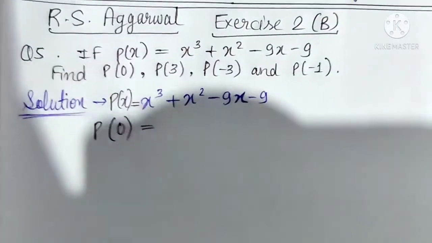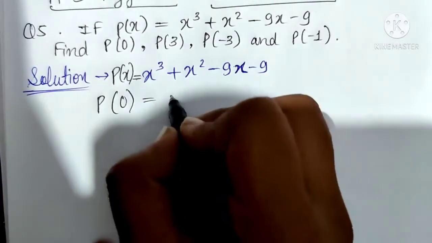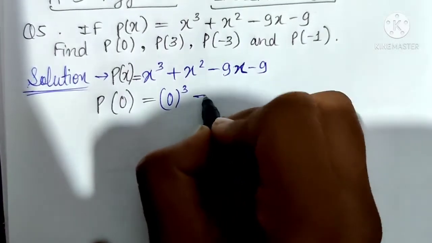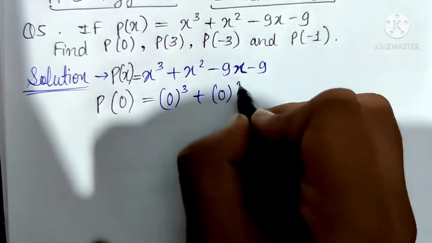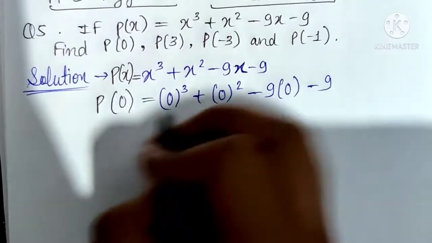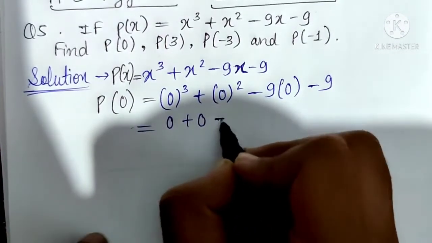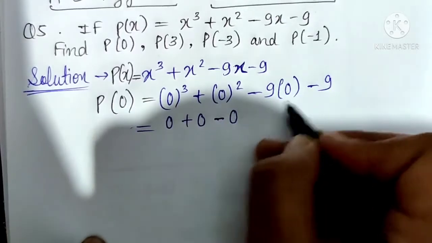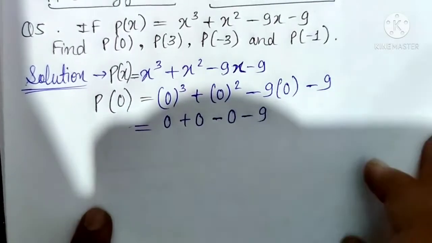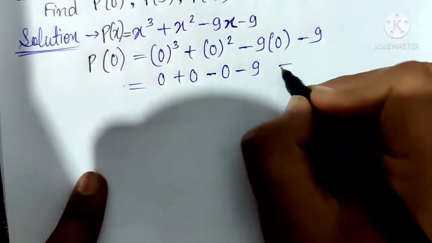Let's solve this first part, p(x) equals p(0). It means x equals 0. So in place of x we will put 0 cube plus 0 square minus 9 into 0 minus 9. What will come, just check. 0 cube is 0, 0 square is 0, 9 into 0 is 0, and at last minus 9. So what is left: 0 plus 0 plus 0 and at last only minus 9.